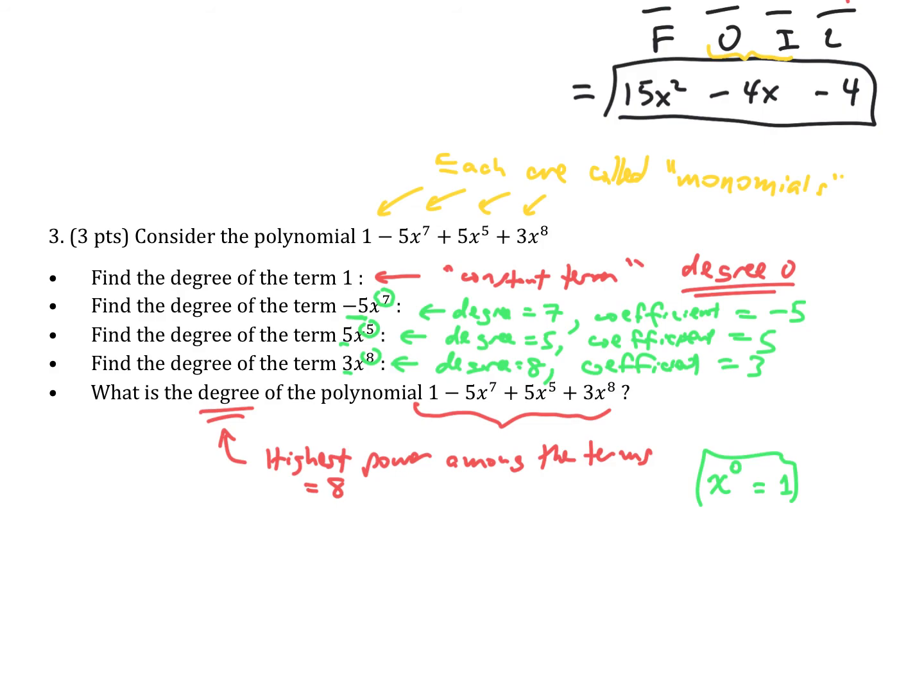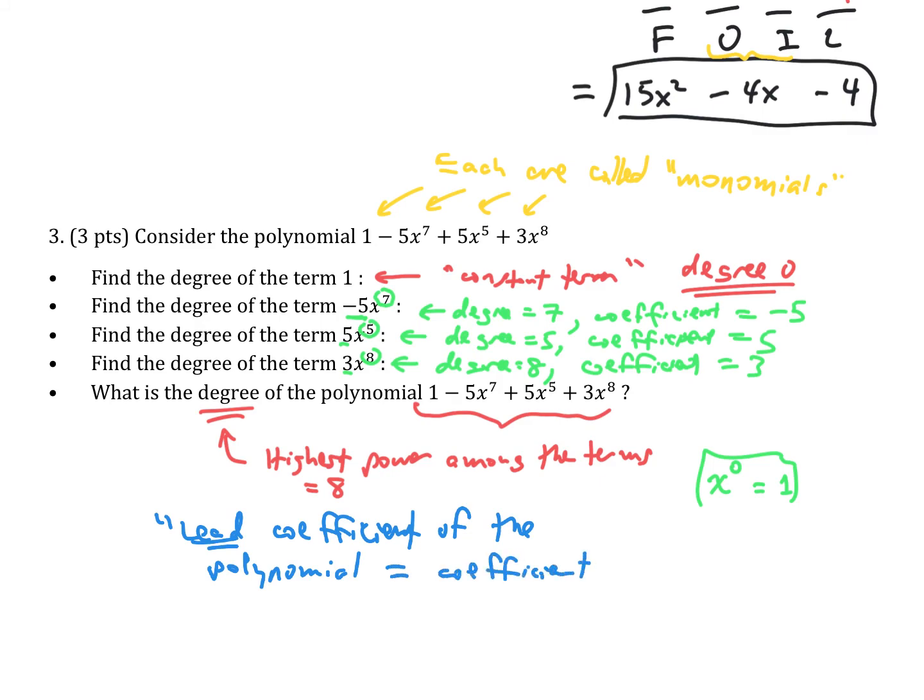And just to complete the story with the terms, the coefficient, so when we talk about the lead, you'll see the phrase lead coefficient of the polynomial. So the word lead there sounds like it should be the first coefficient that you see, but it really means the coefficient on that highest degree term.